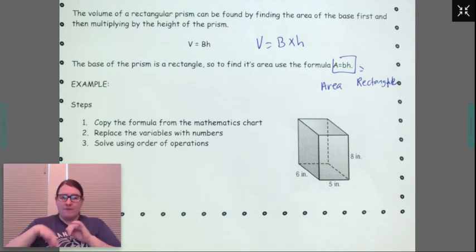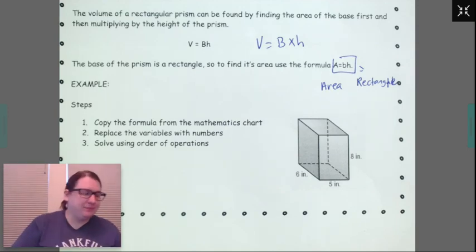So how to find the area of a rectangle. You can call it base times height, or what you're more familiar with, length times width.